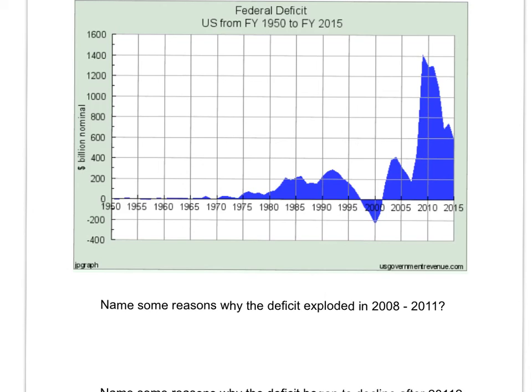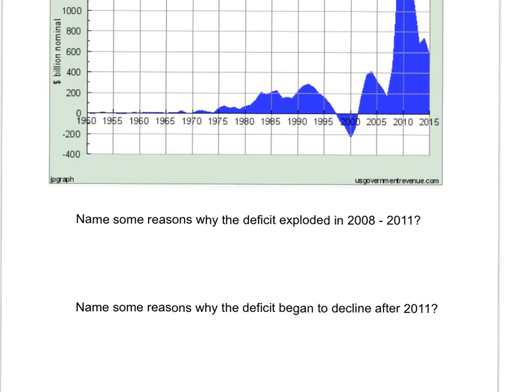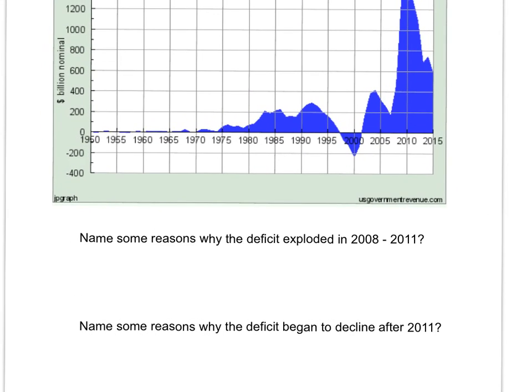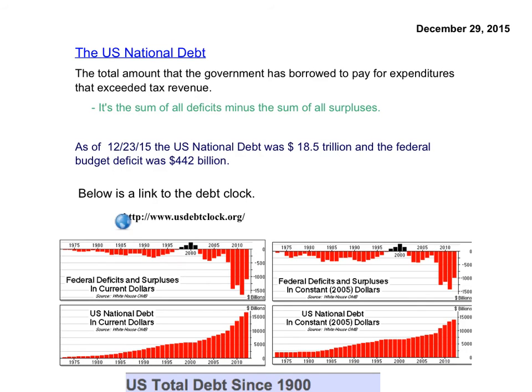What was happening in that time period where U.S. federal deficits exploded? And after 2011, what were the factors that caused those deficits to decline? Also, state and local governments can have, and do have, deficits and surpluses.